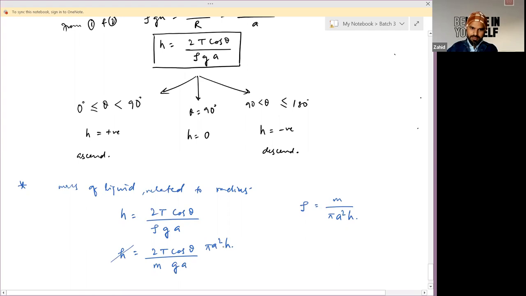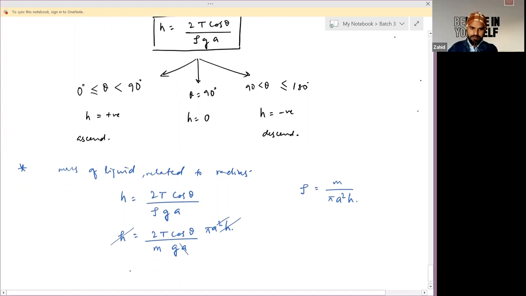So this h and this h will cancel out, A and A will cancel out. So if you move this mass to left hand side, you'll get m equals 2T cos theta times pi into A by g. This whole term will be constant, so mass will be directly proportional to its radius. Is it clear?